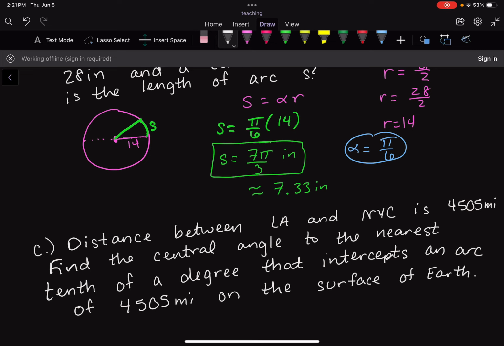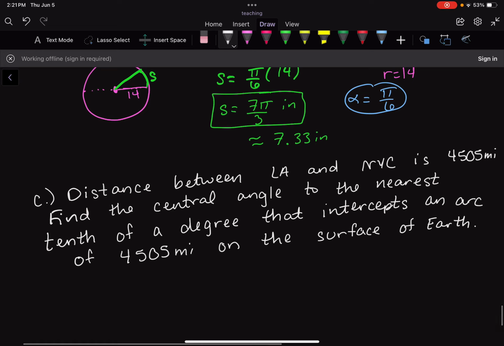And I'm also going to give you again the radius of the Earth is 3,950 miles.